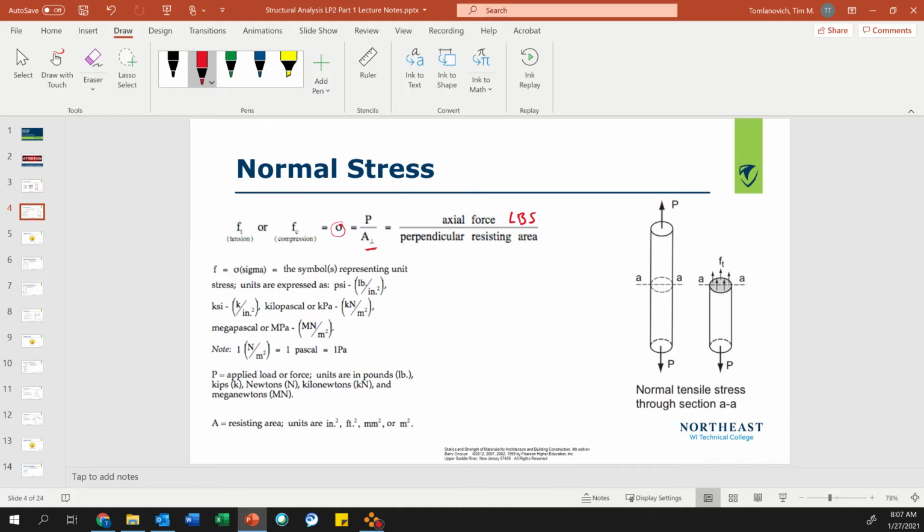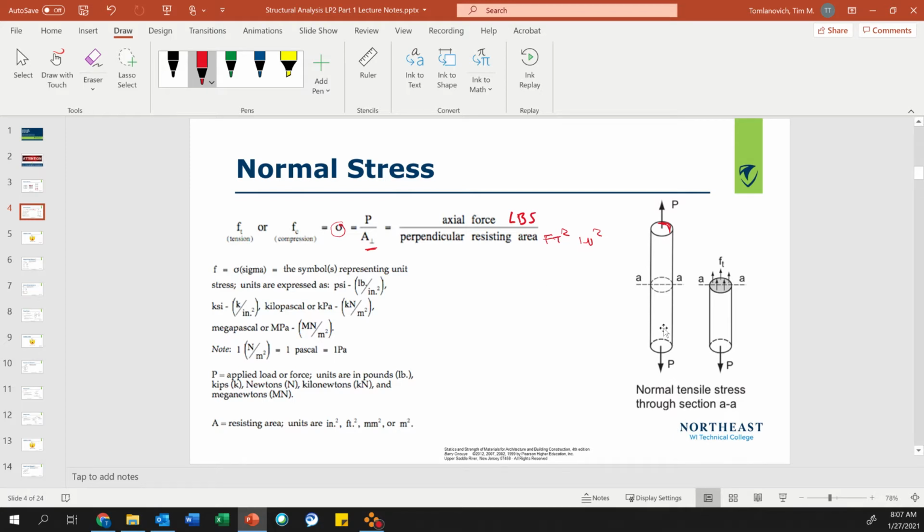Okay. So if you look here, your load is acting perpendicular to that face. The area is the cross-sectional area perpendicular to that load. And this is typically square feet or square inches, or if we go to metric, kPa or kilonewtons per square meter. It's important that you understand the units. So that's normal stress.